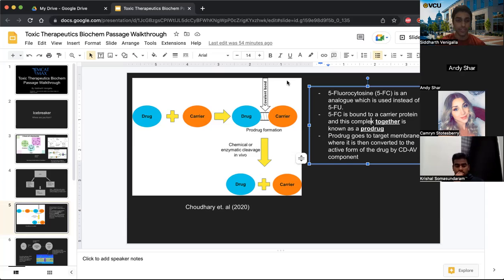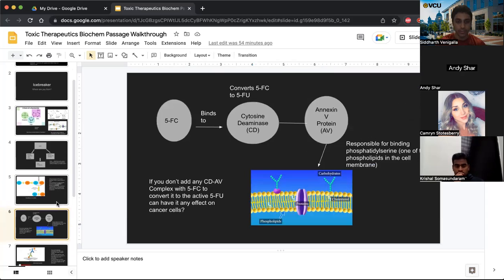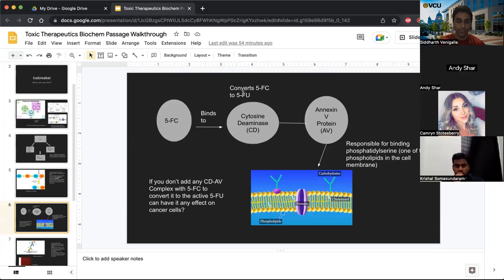Going to Cam's question. Remember we talked about how we have 5-FC, which is different from 5-FU. It's very similar, but slightly different. It's an analog. Our carrier protein is cytosine deaminase (CD) bound to Annexin V (AV). You asked how it binds to the cells.